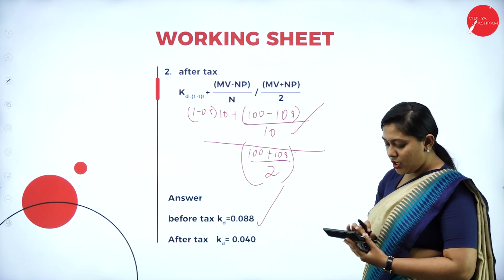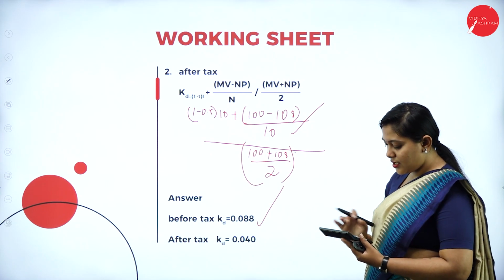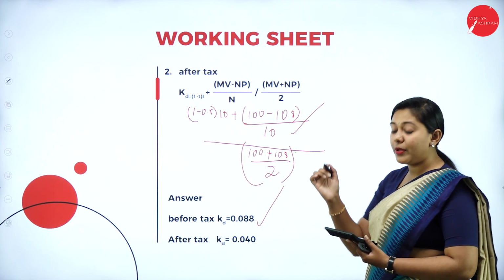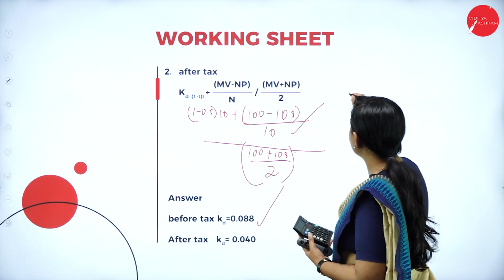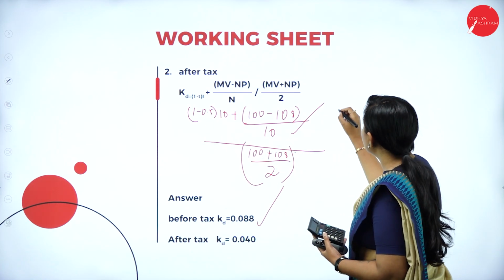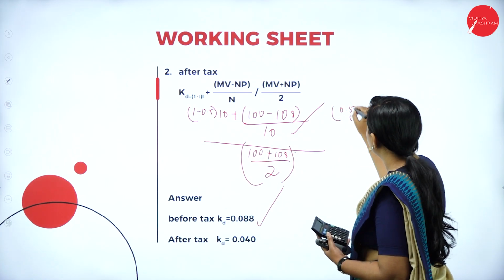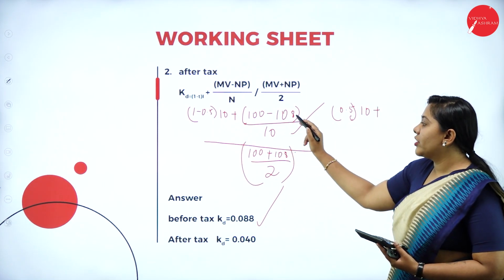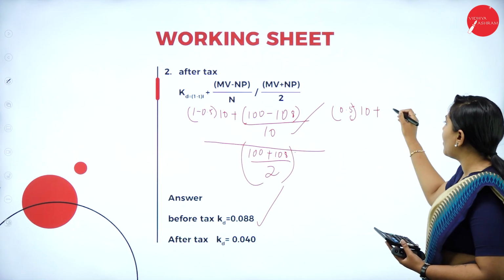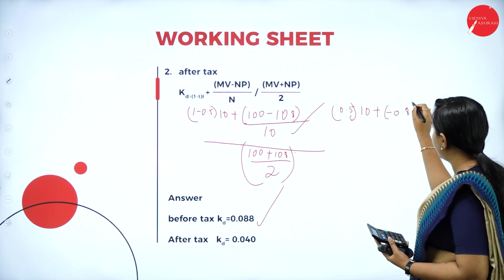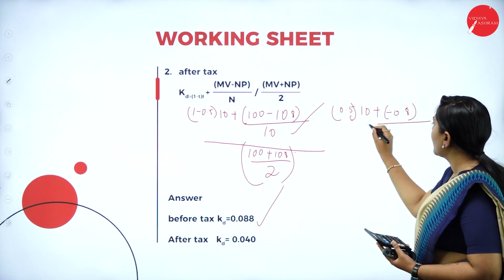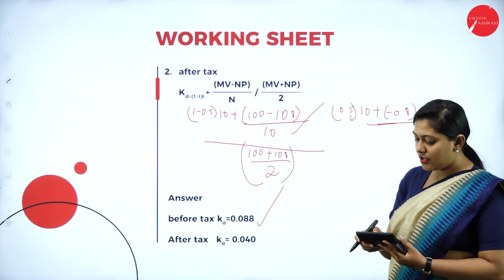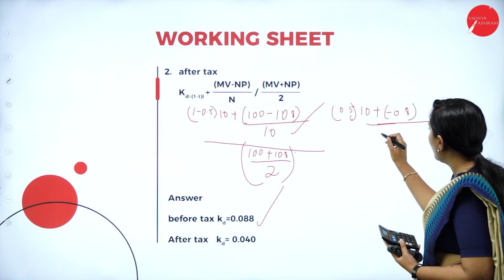First step is what? Solve this fraction. So 100 minus 108 divided by 10. It will be minus 0.8. So 1 minus 0.5, it is 0.5. 10 plus, 100 minus 108, minus 8 divided by 10, it is minus 0.8, divided by 100 plus 108 divided by 2, it will be 104.